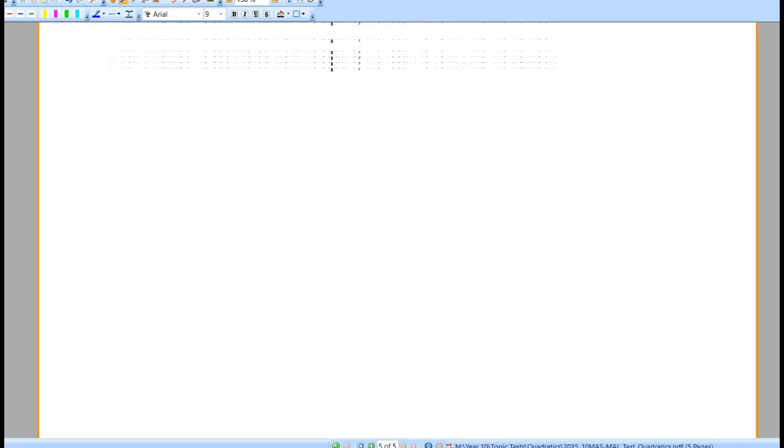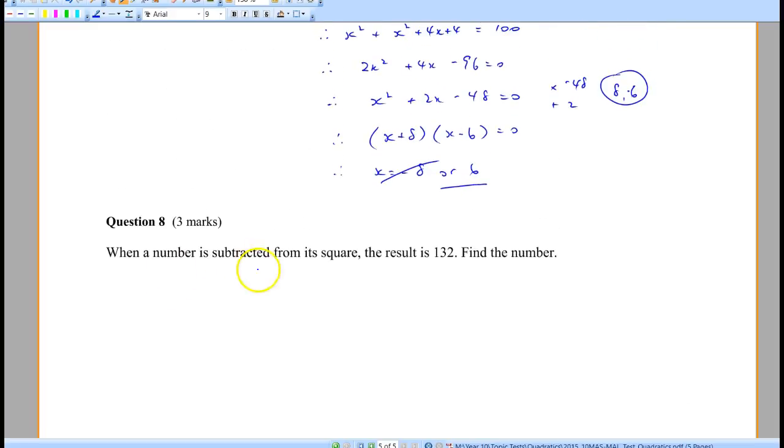And question 8 is the last one. When a number is subtracted from its square, the result is 132. So we just let the number be x. If the number is x, then its square is x squared.